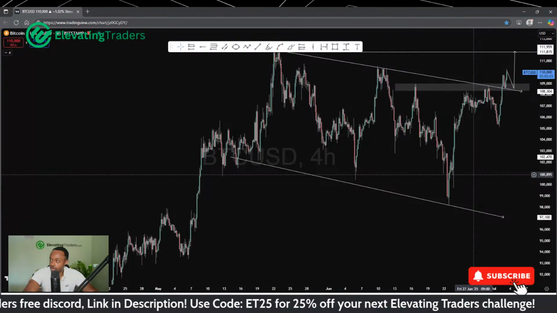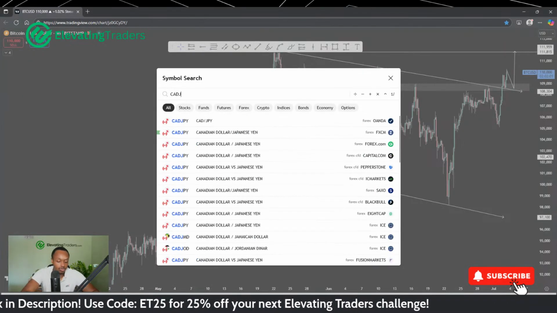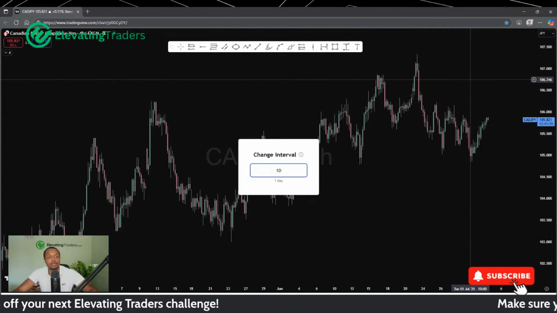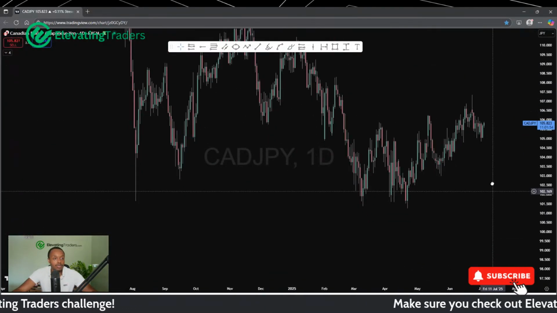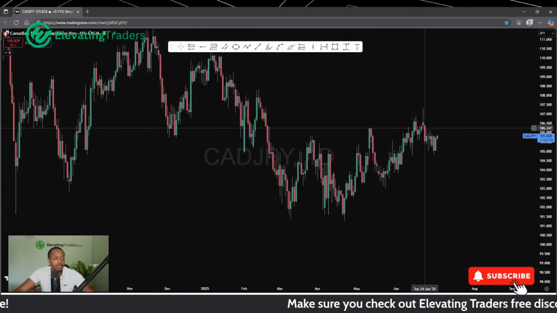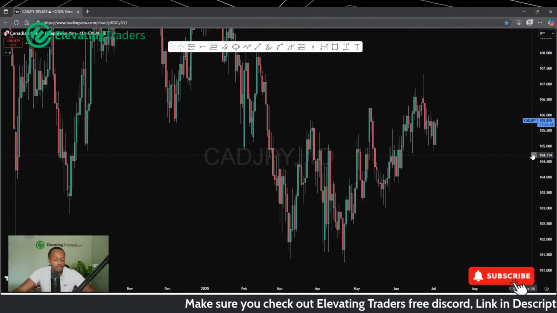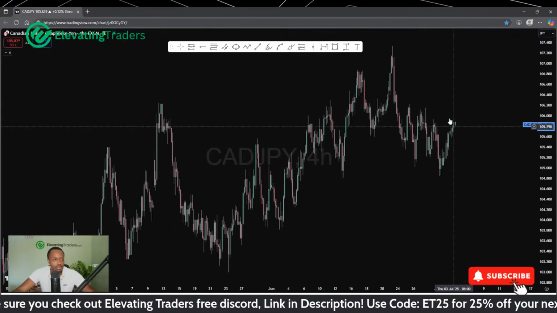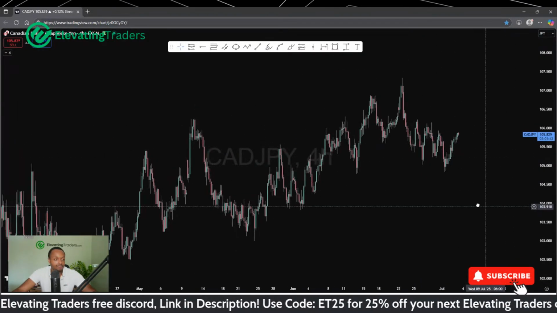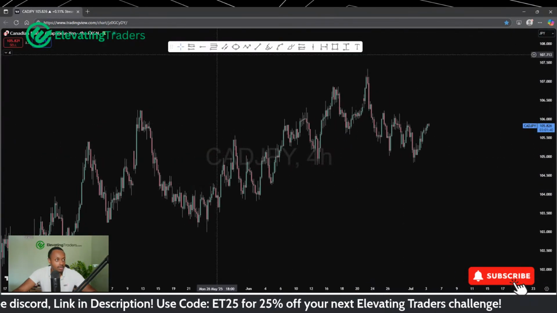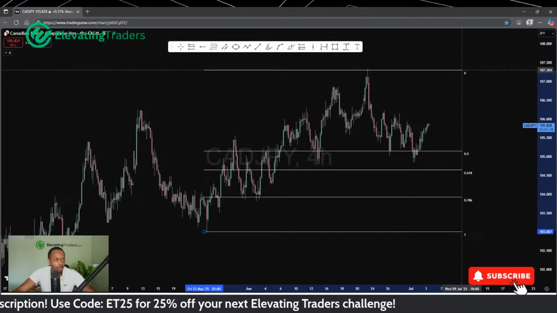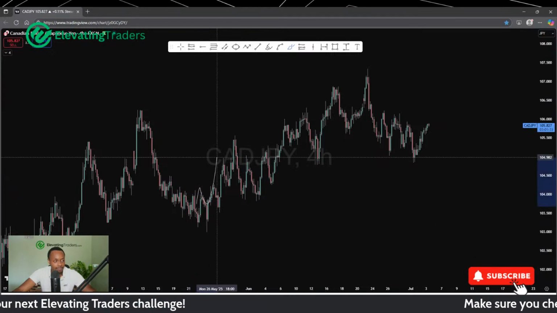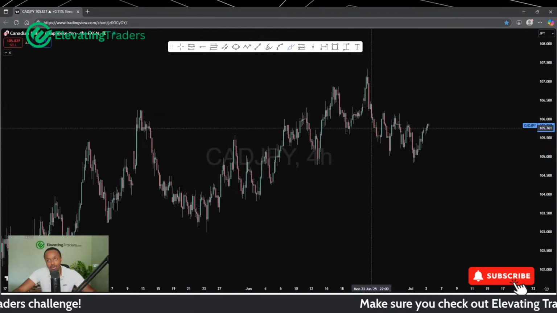In terms of CAD Yen, I'm still pretty bearish on it, but momentum is slowing down, so I'm a little bit more skeptical. The thing is, we've been so corrective on the way up. I've been looking for a push down, but now that we have had this very corrective move down, I'm losing confidence with the shorts as well. The way things are looking is that price might be looking to form a higher low of this bullish leg. Now, this bullish leg is so corrective, so this is not something I would personally look to follow.